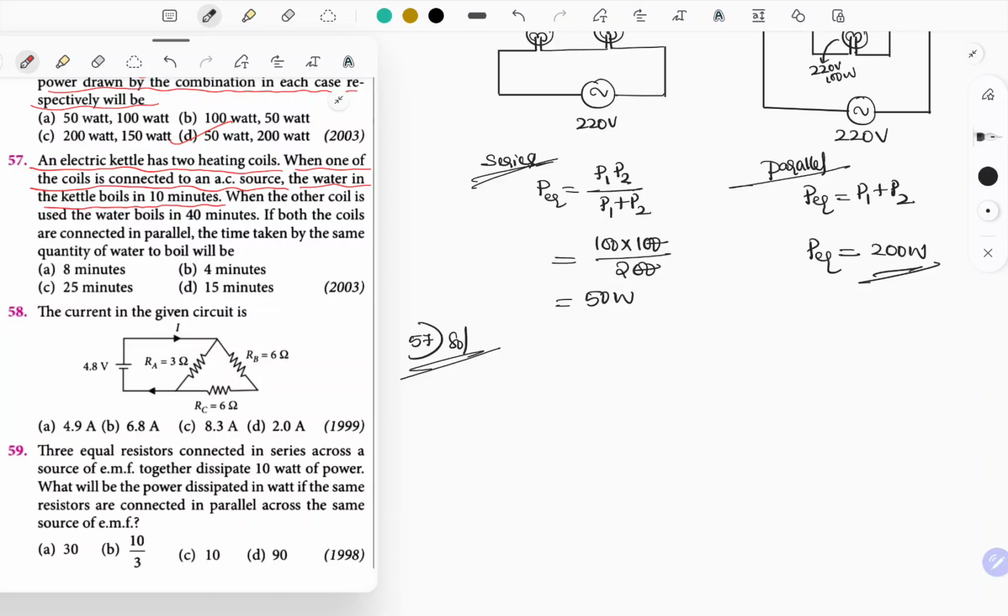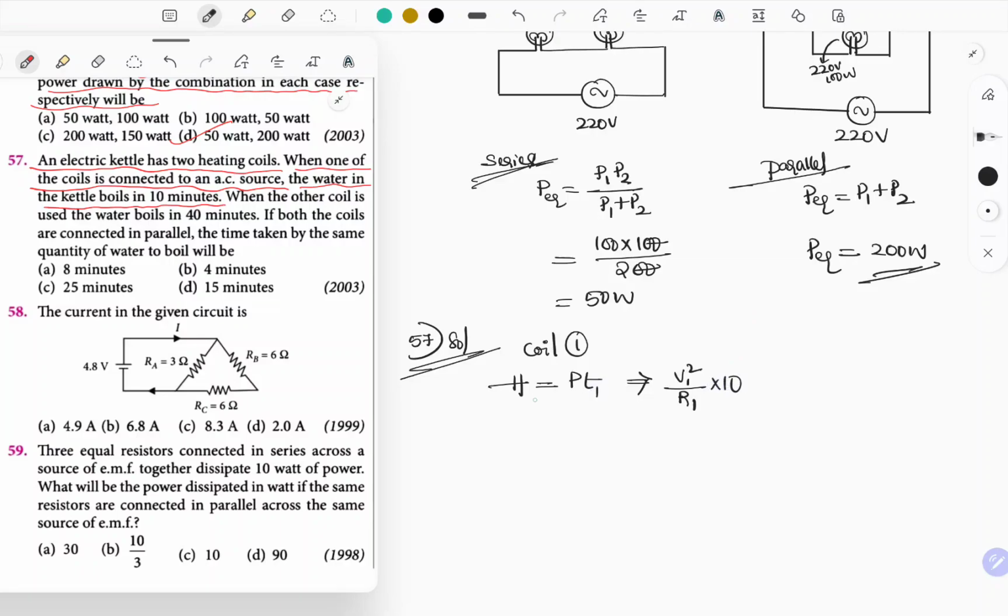Okay, let the power supply be V. So the heat energy formula is power into time, right? So I'm talking about coil 1. Coil 1. So the formula is V1 square by R1 into time T1. T1 is 10 minutes. That's what they have given.